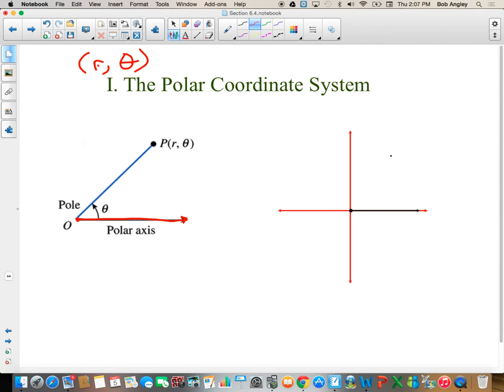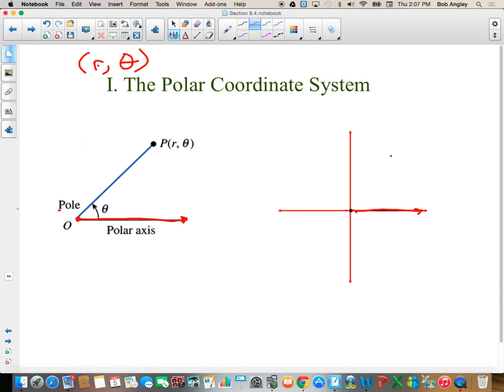When we do this on a graphing calculator, when we're in polar mode, all it's going to do is say this is the polar axis, the thing in black, but it's going to have the x and the y axis behind it. But if we graph by hand, all we'll see is this.